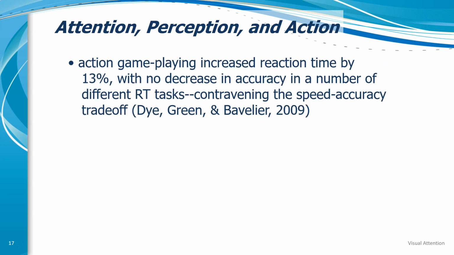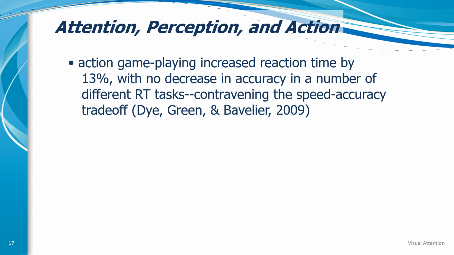But wait, there's more. It can increase your reaction time if you play action video games by 13%. Now this is pretty neat because there was no drop-off in accuracy on a number of different reaction time tasks. Now typically we would expect a speed-accuracy trade-off. The faster you get, the less accurate you are, and vice versa.